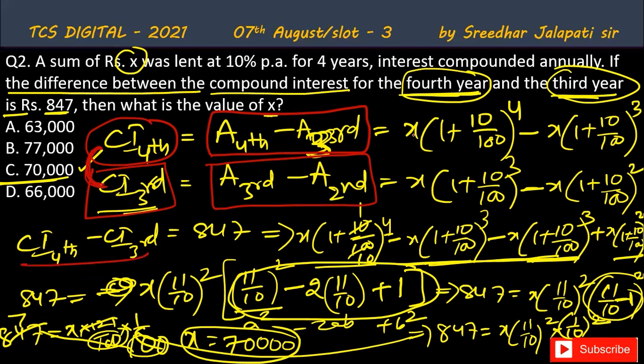So you just have to subtract these two. In subtraction, you just have to simplify this expression carefully. That's it. I may be fast or I may not be clear in simplifying, but you can do it on your own. Just subtract these two expressions carefully and simplify the expression to find the x value. At the end, you will get it as 70,000.